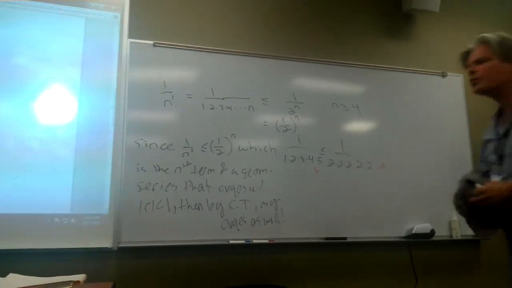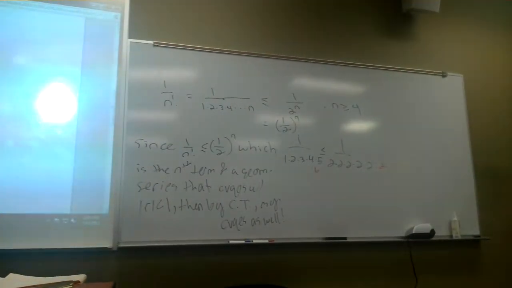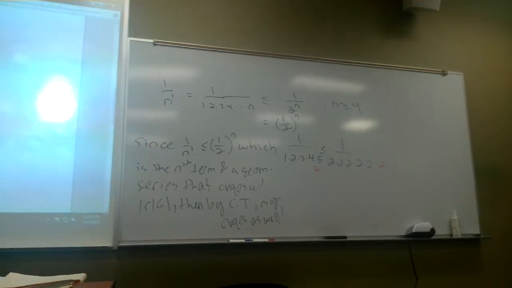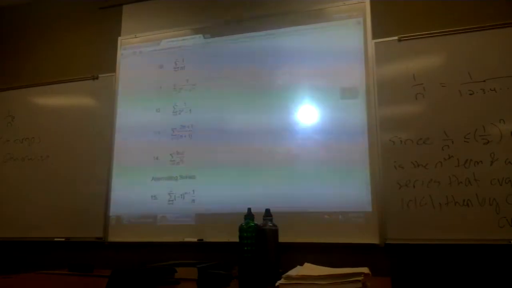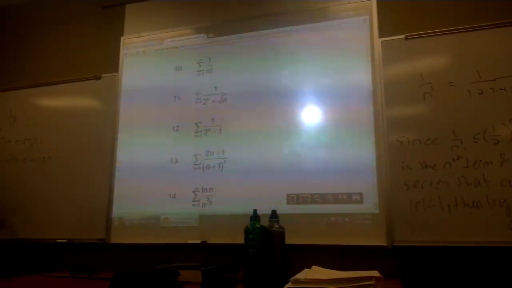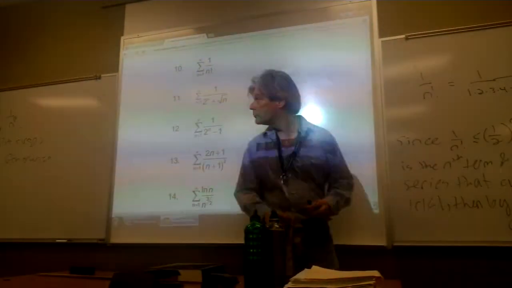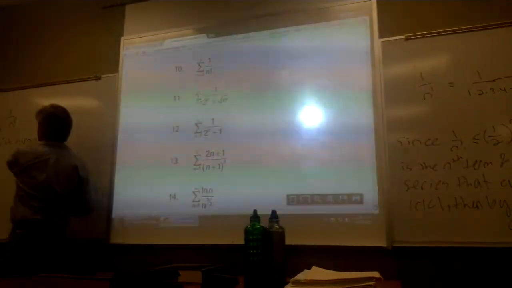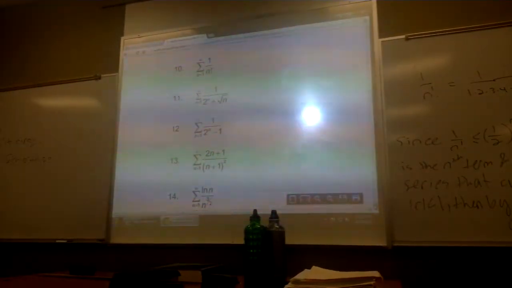With what I've said so far, what can you say about the series in example number 1? Oh, really? Why? Because compared to 1 over 2 to the n again.